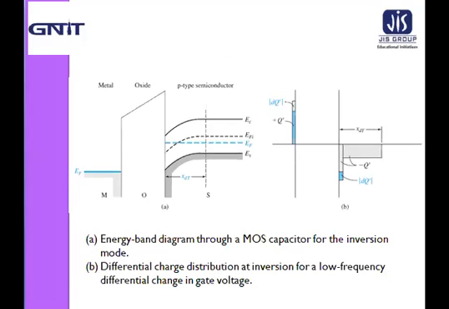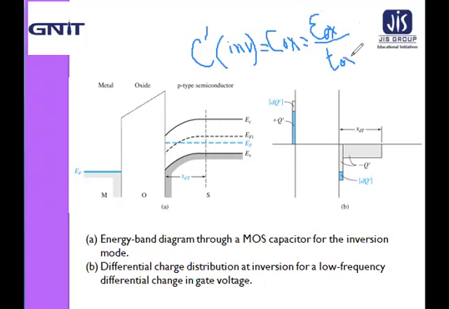That's why we can write that C prime inversion equal to COX equal to epsilon OX by TOX.